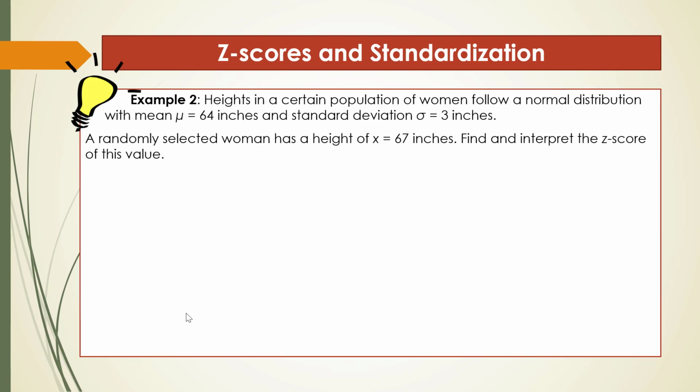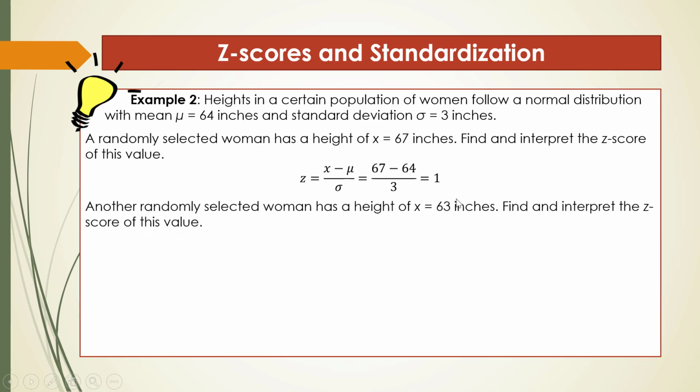This question is simple. We just follow the z-score formula. The z-score of 67 inches is x minus mu over sigma. Mu and sigma are both given, so we just substitute them into this equation, and we get 67 minus 64, the whole thing divided by 3. So the z-score for 67 inches in this population is 1.